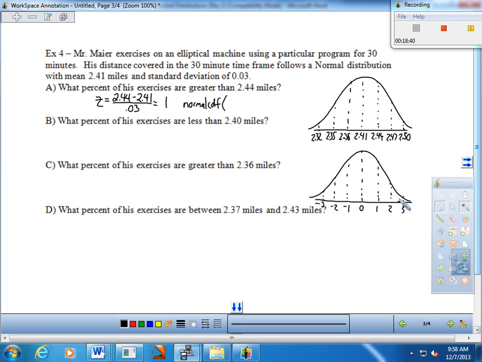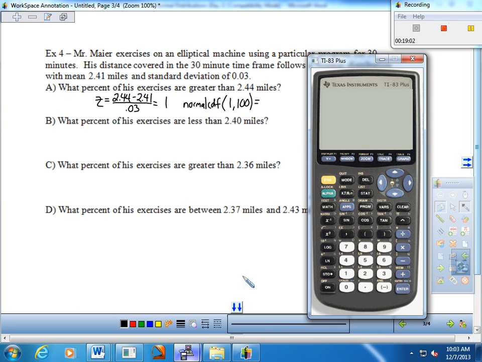So something like that. And so what do you say we just go from 1 to 100 and see what we end up getting? So what percent of my exercise is greater than 2.44 miles? Well, let's find out. So go to that distribution if you would, number 2, and from 1 to 100 should suffice. And there we go.